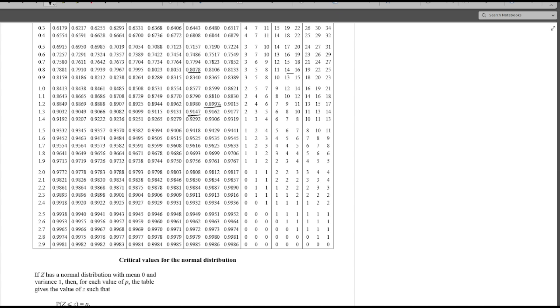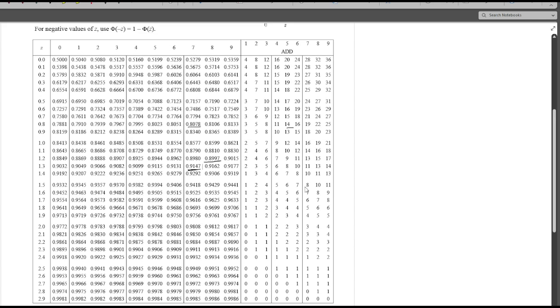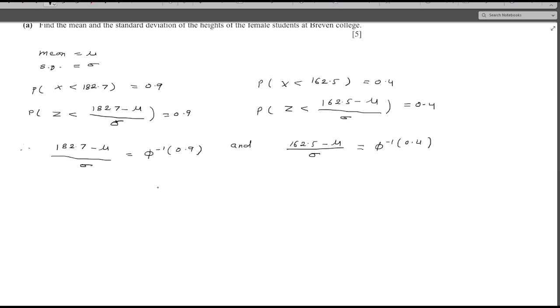If I add 3 to it, I will get 0.9. So the corresponding z value here will be 1.28, and in the mean difference I will use 1, so 1.281. So (182.7 minus mu) divided by sigma is equal to 1.281.